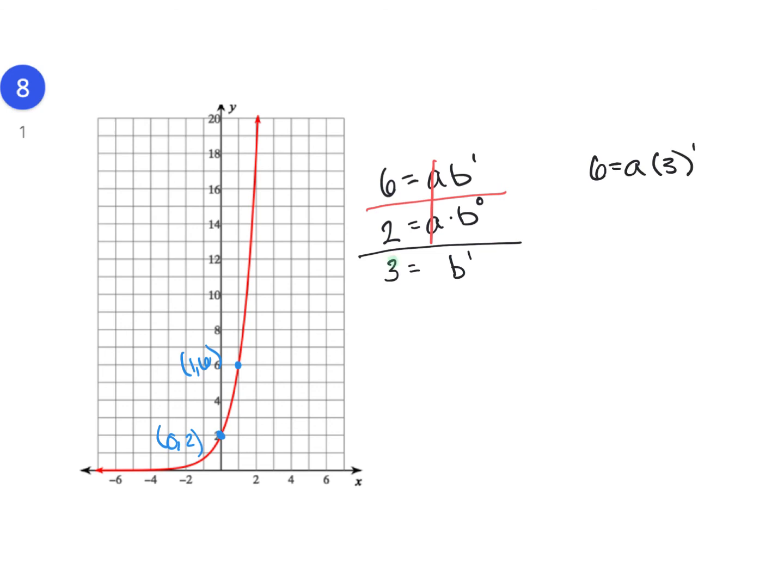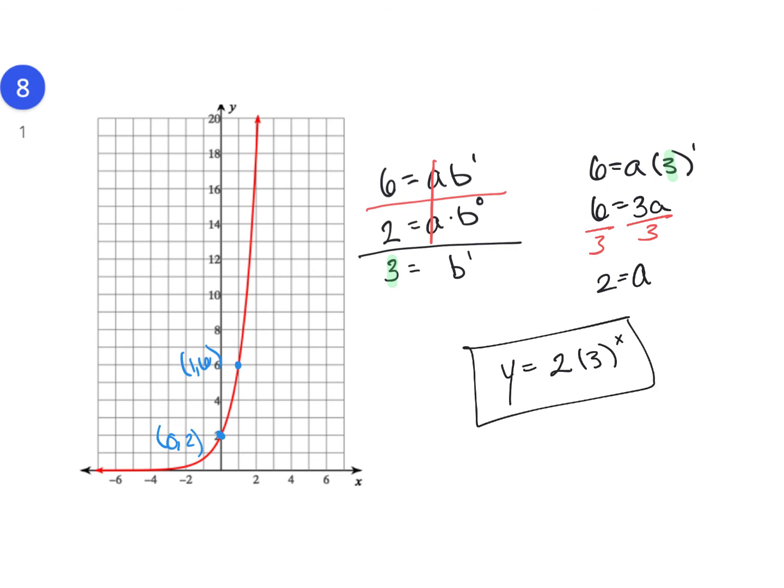So again, our b value here goes in here. 3 to the power of 1 is just 3. So 6 is equal to 3a. Divide both sides by 3. And I get a is equal to 2. So when I write out my final equation, I get y is equal to 2 times 3 to the x.